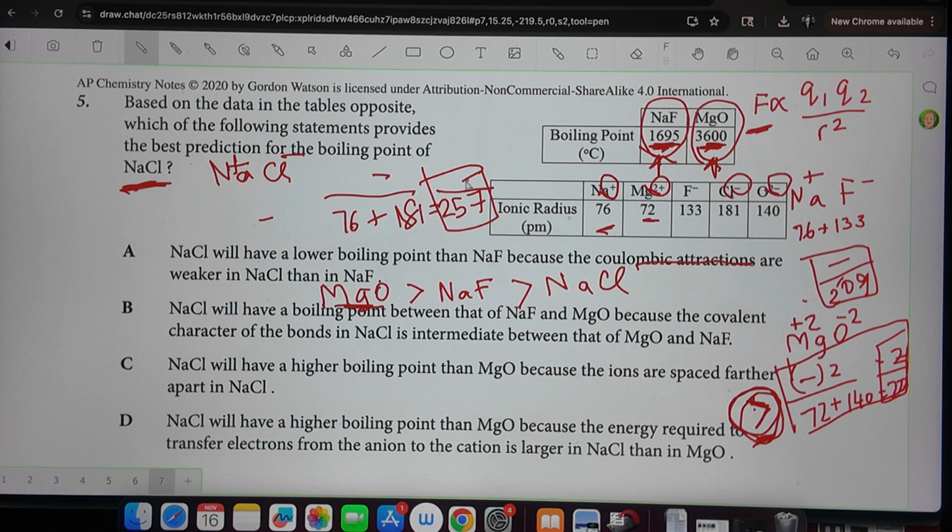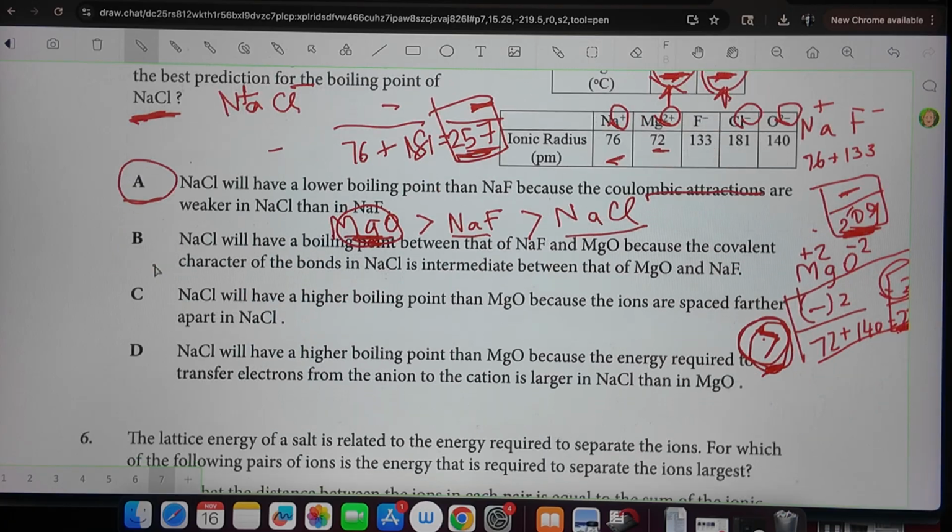Whatever this negative charge is, it's being divided by 257, which is greater than either of these. This negative charge is divided by the radius of 209, and this one is divided by 222. So this one is way stronger, this one is a bit weaker, and this one is the weakest. So I would say it's A. Okay, moving on.